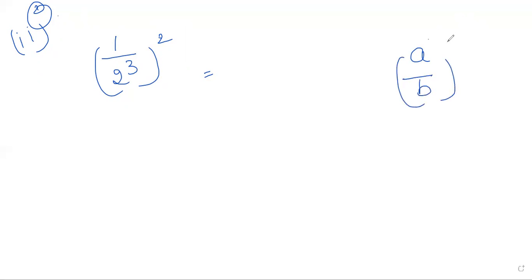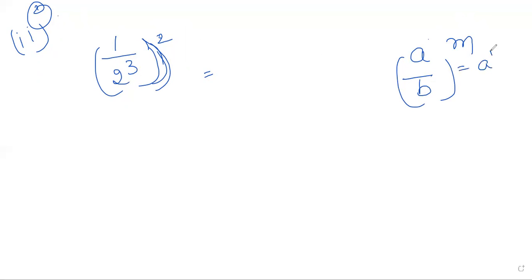Second question, second sub question. 1 by 2 to the power of 3 whole to the power of 2. So it is in the form of a by b whole to the power of m. This 2 whole to the power of 2 is there. So this 2 is related to both 1 and 2 cube, right?